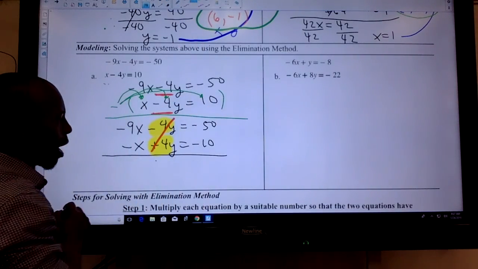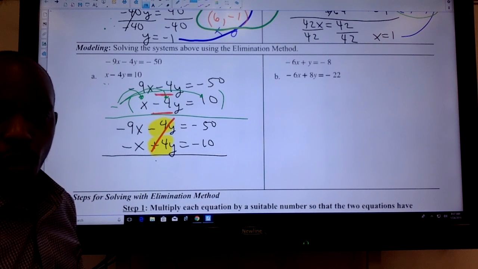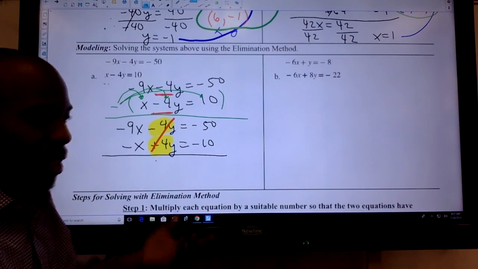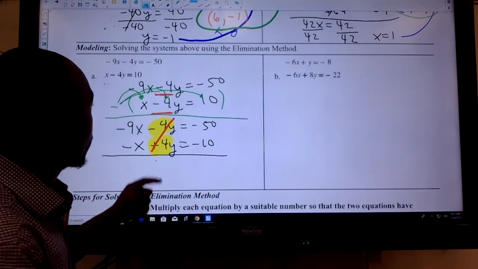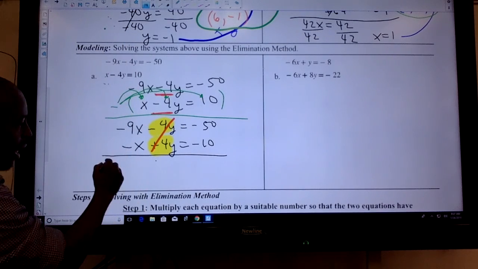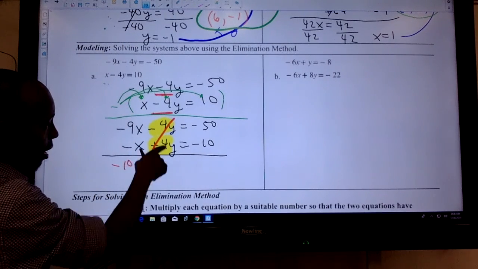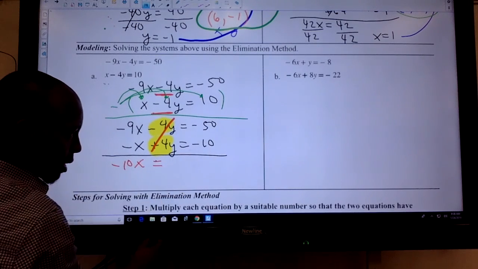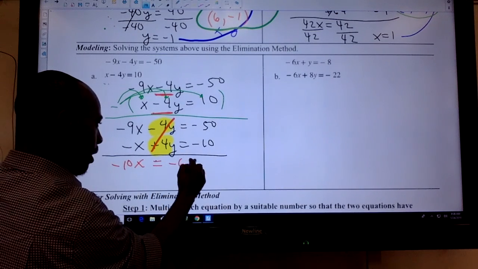This is going to cancel out, because negative 4 plus a positive 4 gives you 0y, and 0 times anything is just 0, so it doesn't matter anymore. So now when I add these together, I get a negative 10x. That becomes 0 is equal to negative 50 plus negative 10, which gives me negative 60.